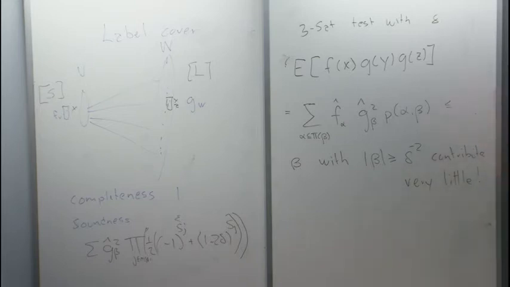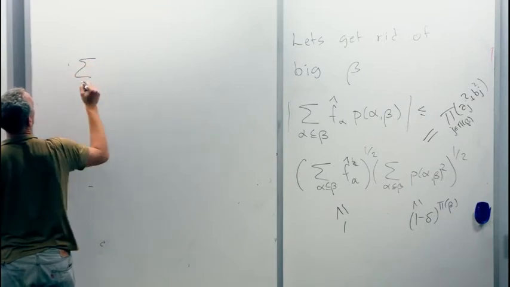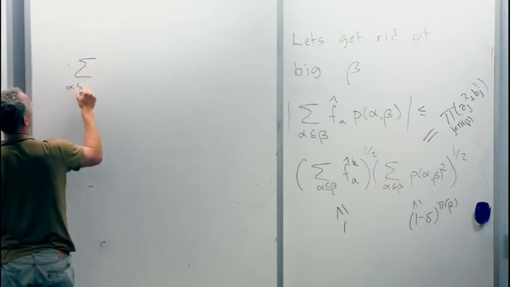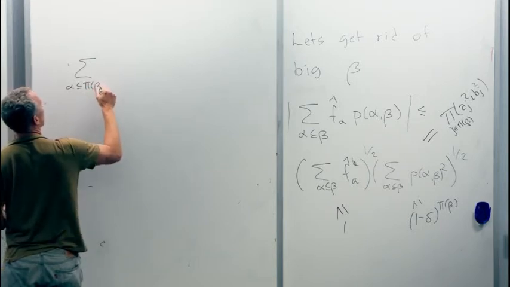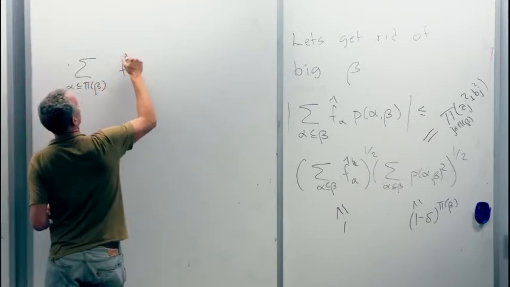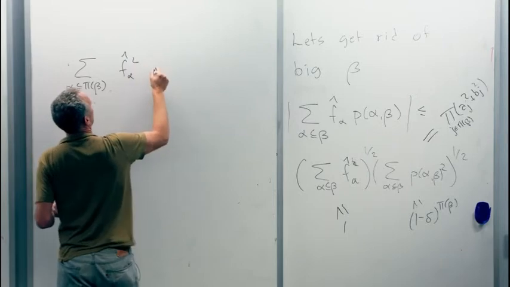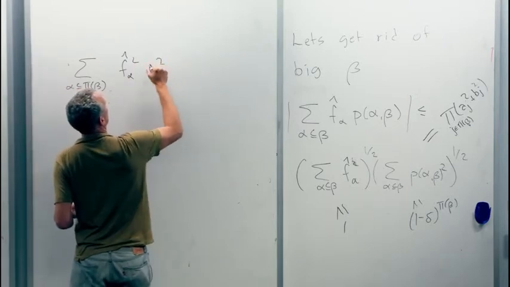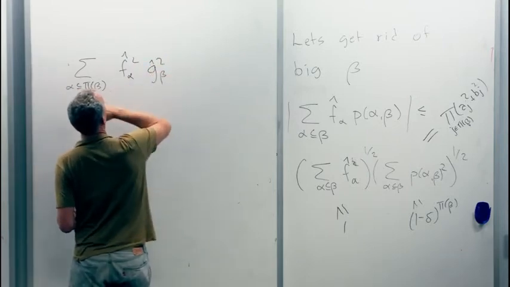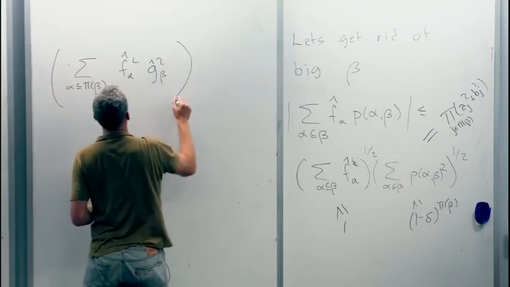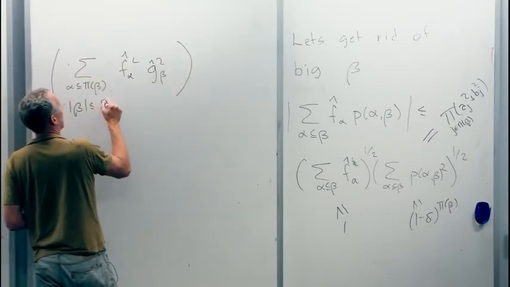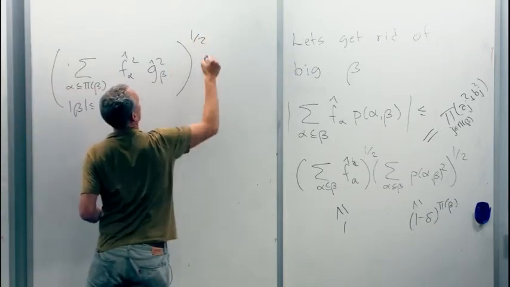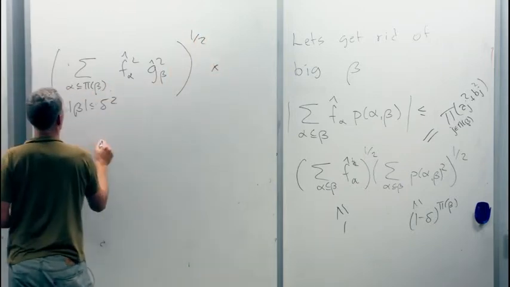Which means that this sum is large, and then you just say, well, this sum is in fact smaller than the sum over alpha subset of the projection of beta, where beta is small, to the 1/2 like.